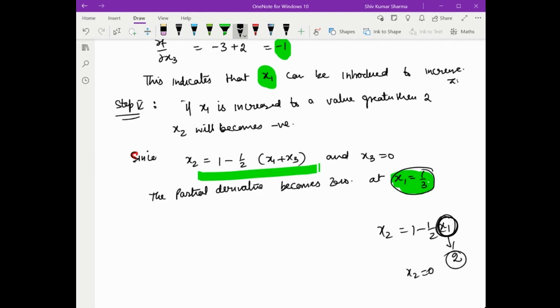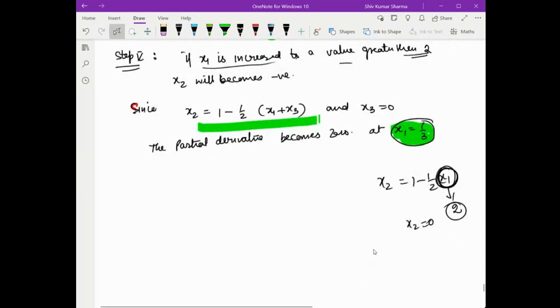So we write this thing theoretically. x1 is increased to a value greater than 2. So when we increase the value of x1 greater than 2, x2 will be negative. So the maximum value we write as x1 equal to 2. So you can make an order pair, taking the minimum of, so we just take the minimum value of both.